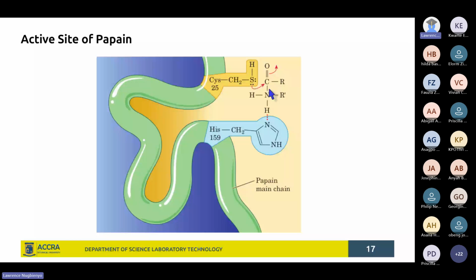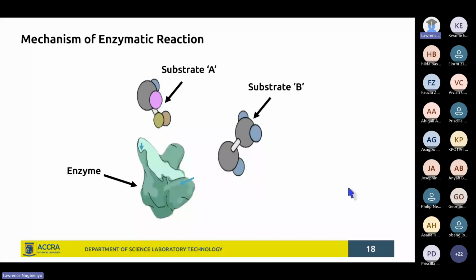So that's just one of the active sites we're referring to for the enzyme papain, looking at a specific mechanism of action of the enzyme papain.